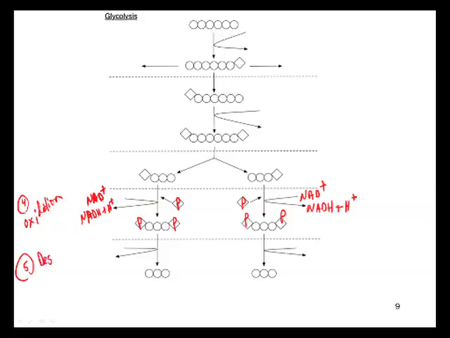The last step, the dephosphorylation phase, again, is several reactions that have been compressed into one. And what happens here is ADP comes in and pulls off the phosphates.